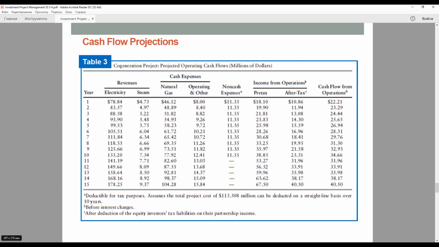And again, there is a difference between the approach for project finance and general corporate finance.